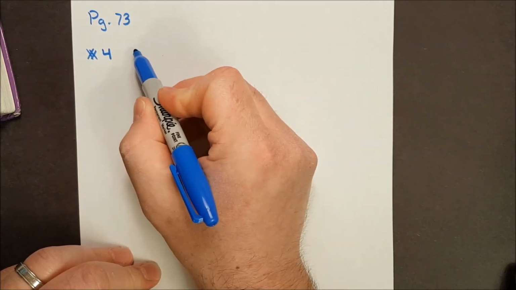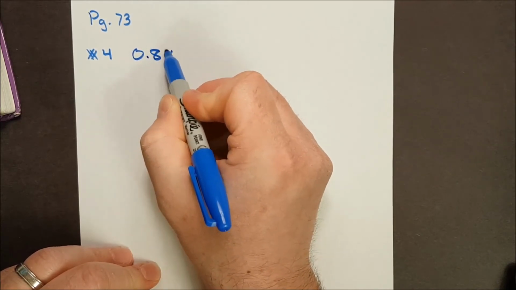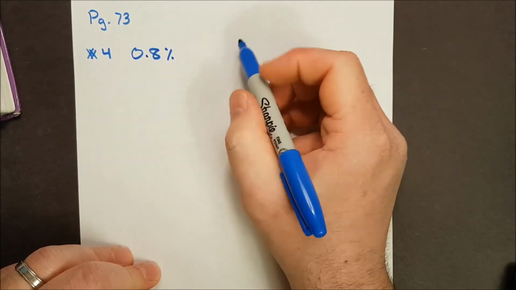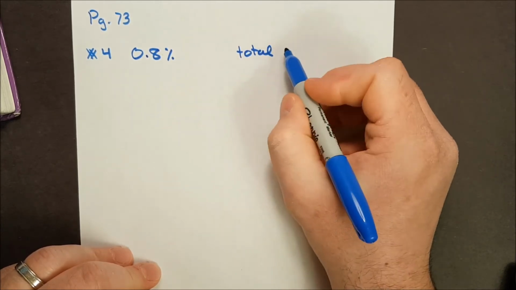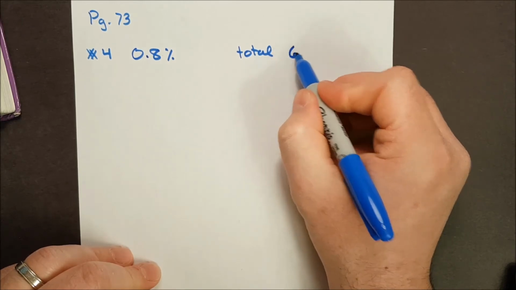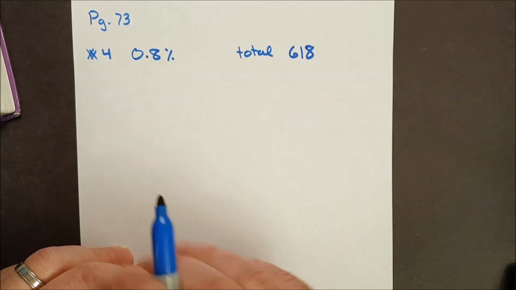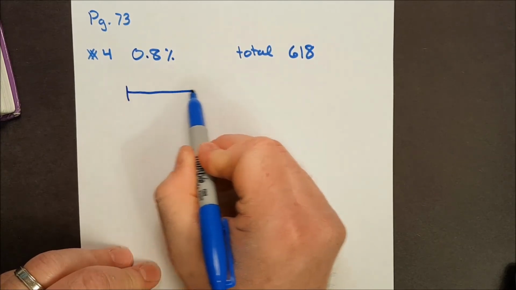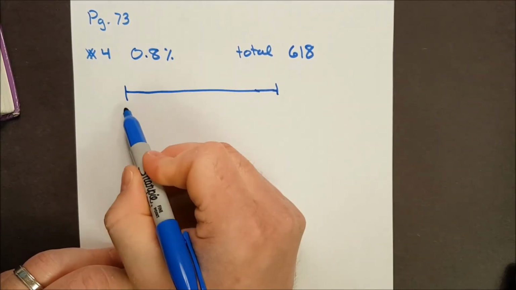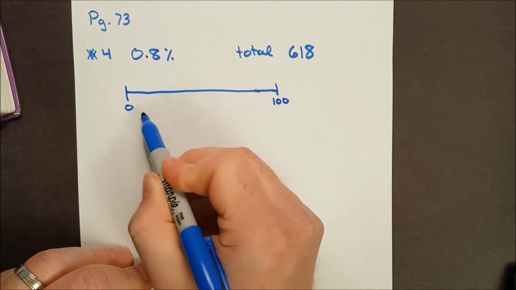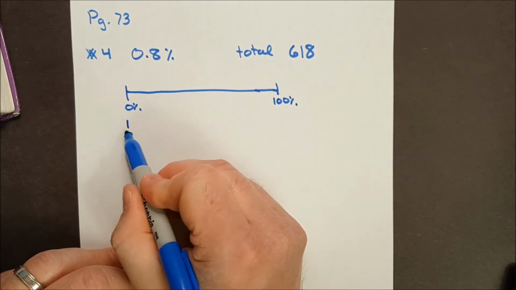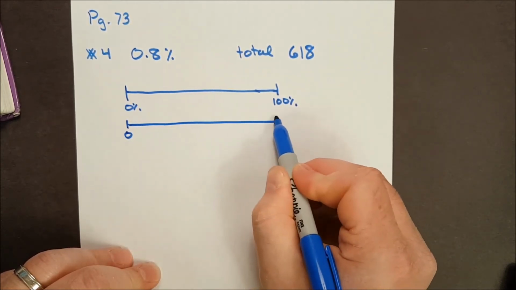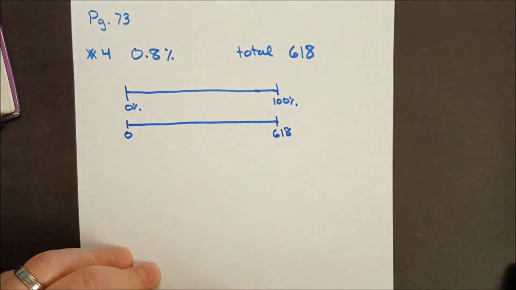Okay, so we are given 0.8% and a total of 618 runners. Okay, we draw our trusty diagrams here, 0% to 100%, and 0 to 618, which is 100% total participants.